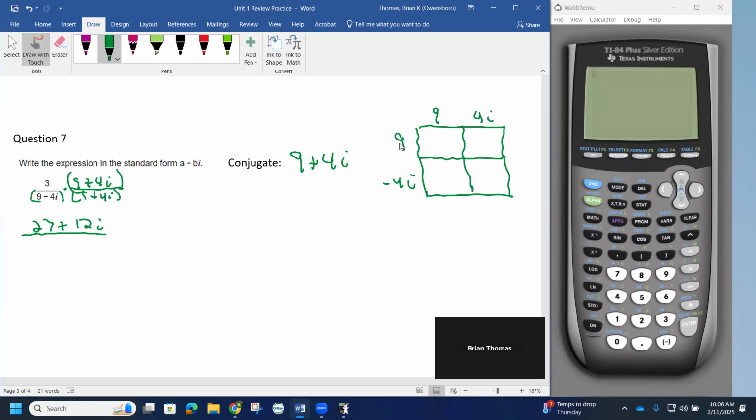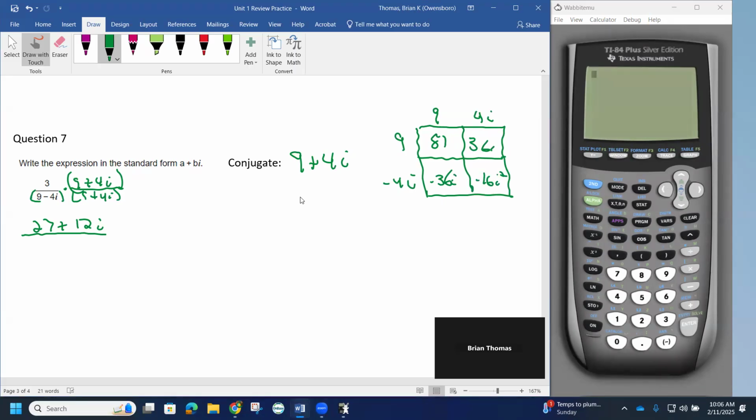So when I multiply through, 9 times 9 is 81. 9 times 4i is 36i. Negative 4i times 9 is negative 36i. And then negative 4i times 4i would be negative 16i squared.